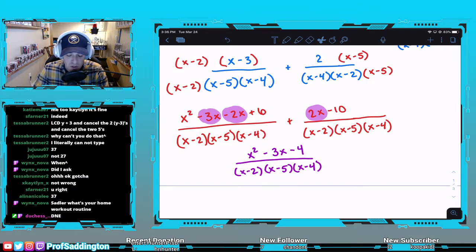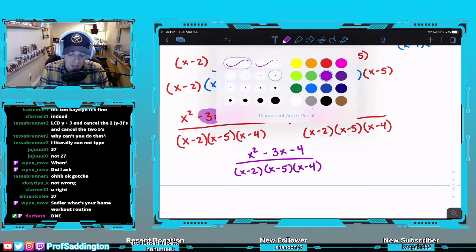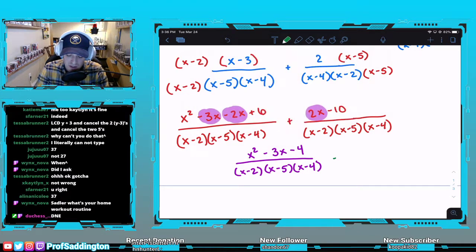Well, if you look at the numerator, the top portion of this fraction, x squared minus 3x minus 4, this can be simplified. I can break that down into x plus 1 and x minus 4. The bottom's still the same, x minus 2, x minus 5, and x minus 4.